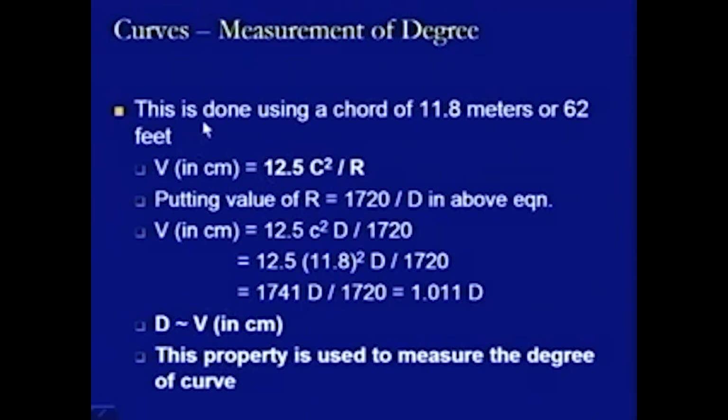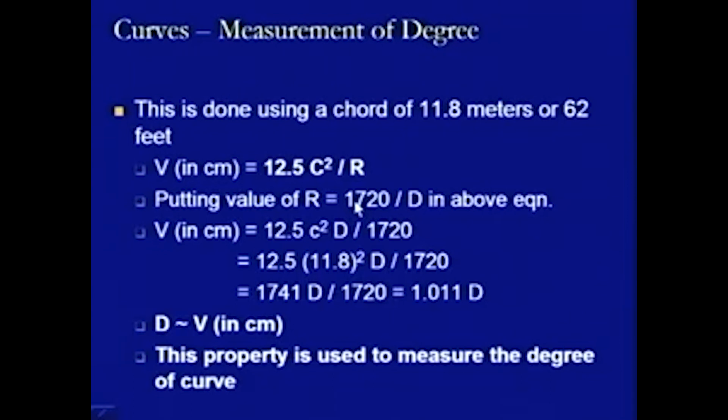How we do this is that this is done using a chord of 11.8 meters or 62 feet. So, for that if we compute the values here, then V is 12.5 C square divided by r, putting a value of r, which is transformed into degree, and there are two values being taken at different points of time.